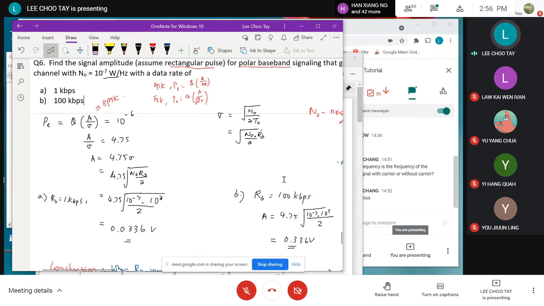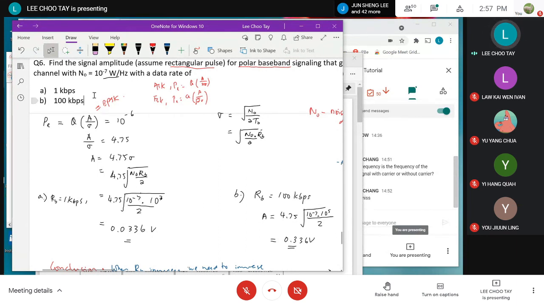Then if the bit rate is 100 kilobits per second, that is 10 to the power of 5. Divide by 2, take the root of it, and multiply with 4.75. That gives an amplitude of 0.336 volt. So what can you say about this?